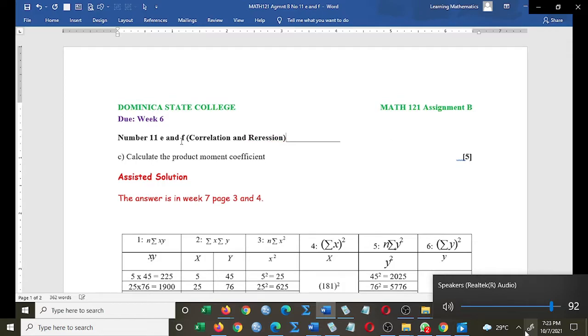Now, you may wonder what regression means. Does everybody have an idea as to what correlation means? Because number 11, E and F is not a very long calculation, I just want to create a little discussion. Can anybody give us an idea as to what you understand by the word correlation?